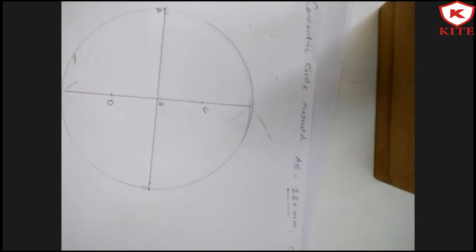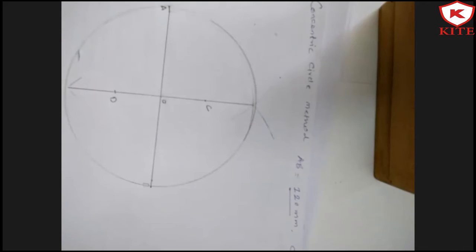Now this outer circle is divided into 12 equal parts.